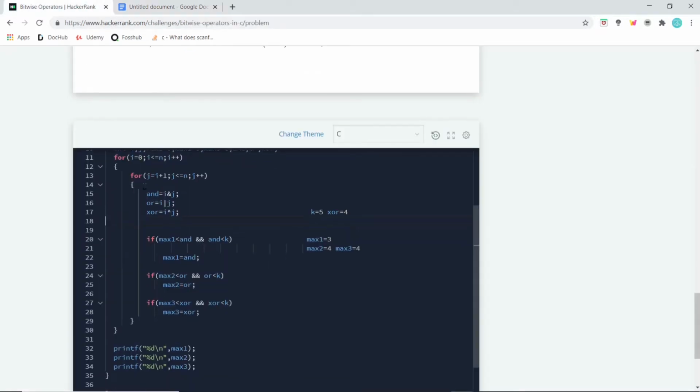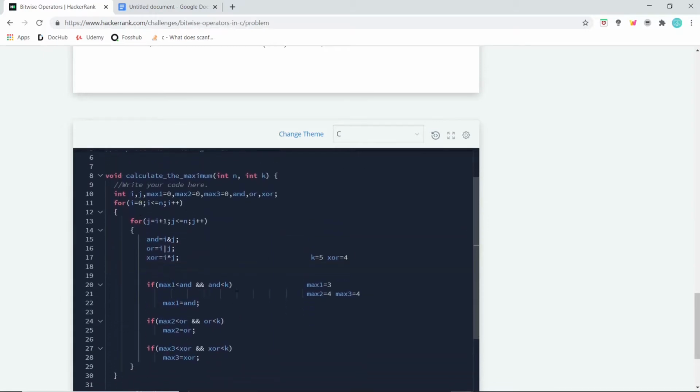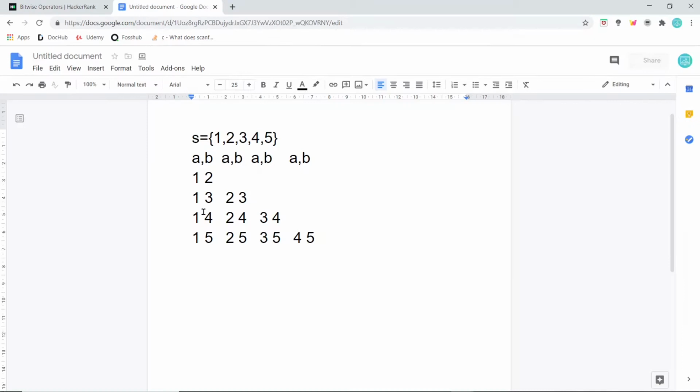I am considering that all the cases for the larger value than I are executed. This inside for loop is executed at least until the value of j is less than or equal to n, which means we have these four possibilities. One, the value of I is 1, then we have the value of j as 2, 3, 4 and 5, right?